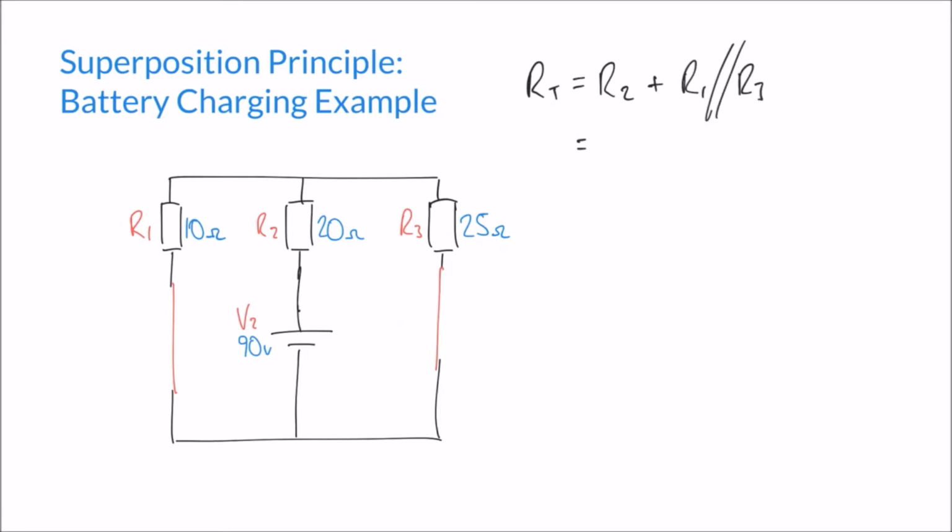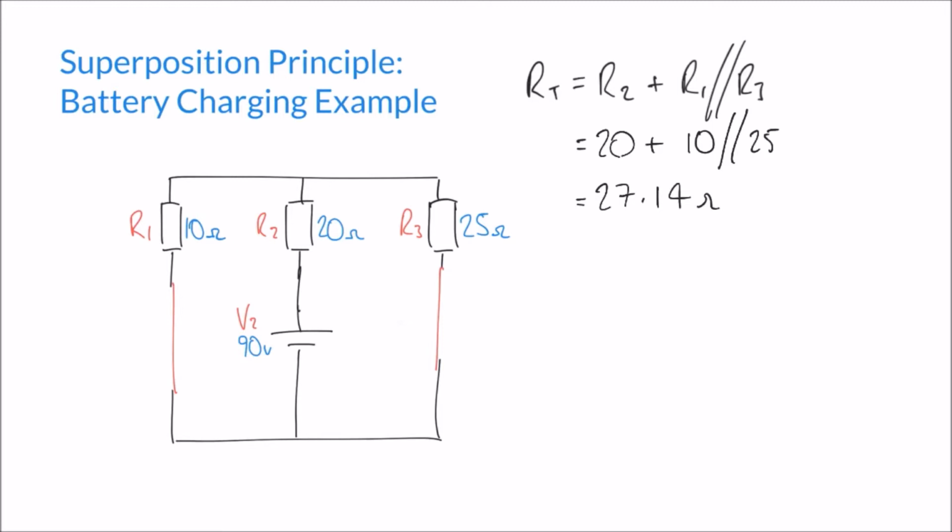Again, we can put some numbers in there very quickly. We can say that R2 is 20 ohms, and that would be 10 in parallel with 25 for R1 and R3. And 10 in parallel with 25 comes out as 7.14. So that's 27.14 ohms as a total there.